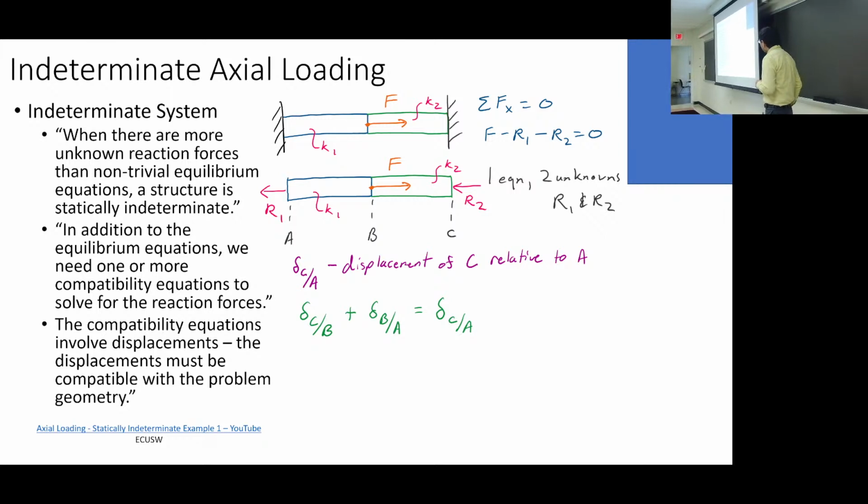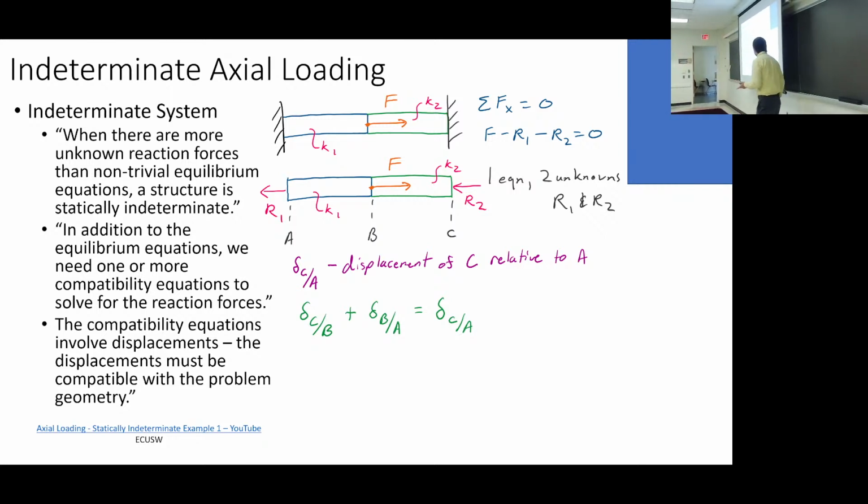But what is delta C relative to A here in this problem, if we think about the whole problem and the constraints involved? It's a classic: if you don't know the answer in a math class, guess 0. Guess 0, 1, or infinity, or negative infinity.